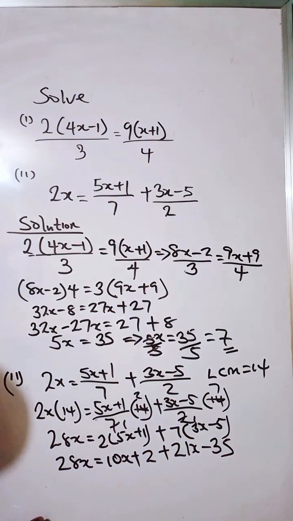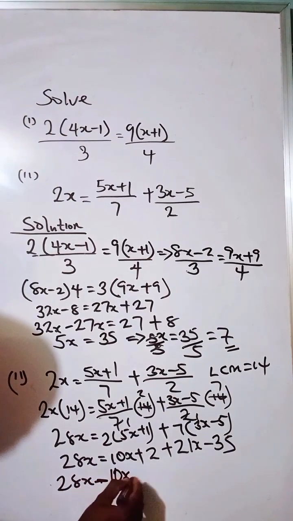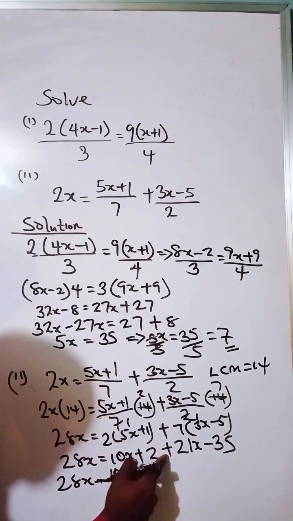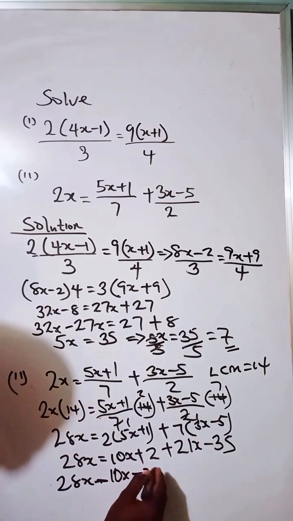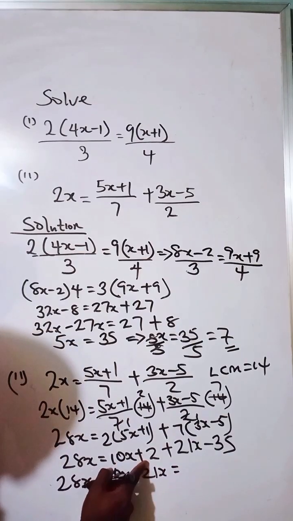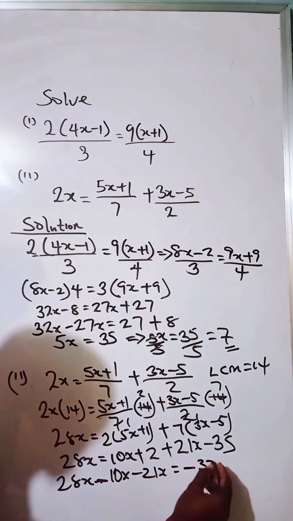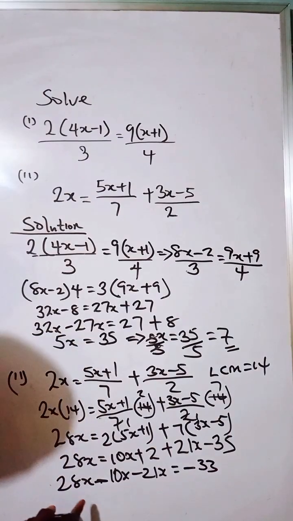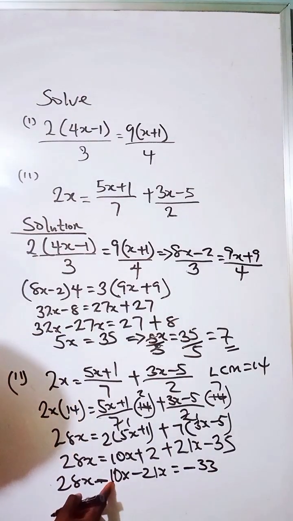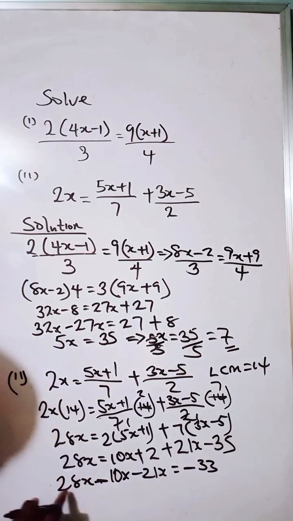So we can have this as 28x minus 10x minus 21x, equals, so we have plus 2, we have minus 35, so this is minus 33. So here is 31x, minus 10x minus 21x is minus 31x.